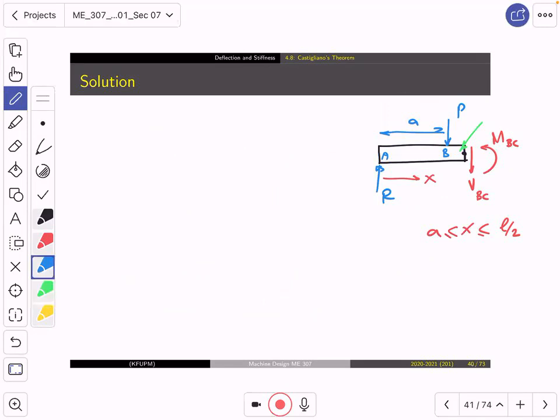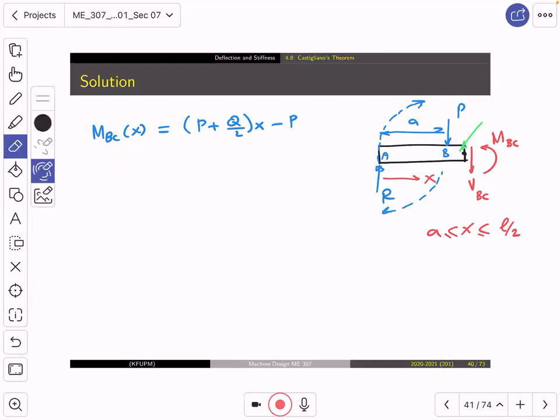And now I will get this relation, MBC of X, which is equal to the reaction R plus Q over 2 times X, and then minus P. Why? Because this one now is rotating this way, while this one is rotating this way. So both of them are going in the same direction. Sorry, I should take the moment. I should, no.